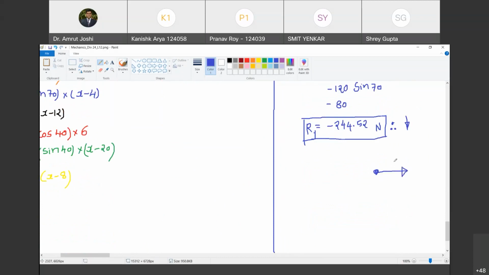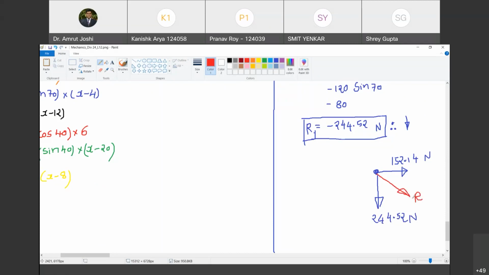Are you with me? Yes, sir. 152.14 Newton towards right. Ry is 244.52 Newton down. Are you with me? Yes, sir. So where will be the resultant? Resultant will be in this quadrant. Do you agree with me? Yes.